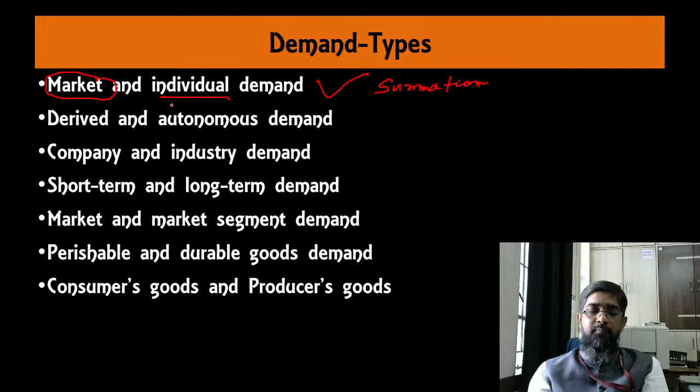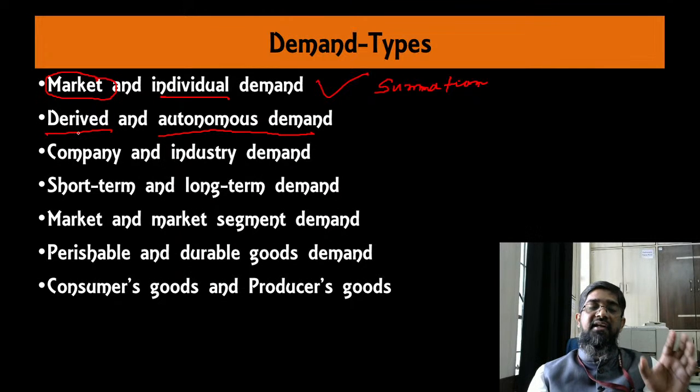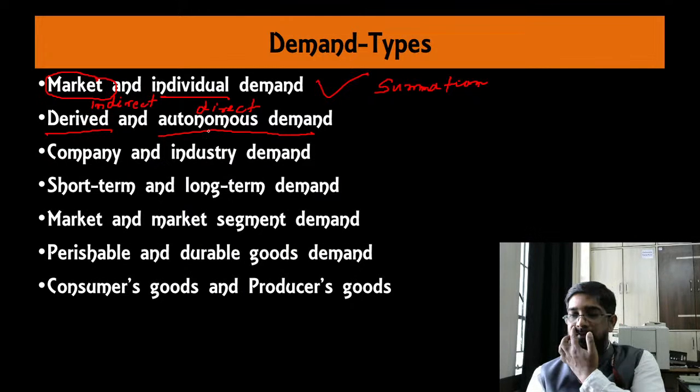Okay, now second point is very important, students. Let us see, that is derived demand and autonomous demand. पहले देखते हैं हम autonomous demand. Autonomous demand means direct demand, और derived demand को indirect demand भी बोलते हैं, autonomous को direct demand भी बोलते हैं. याद रखने का, derived demand is known as indirect demand also.